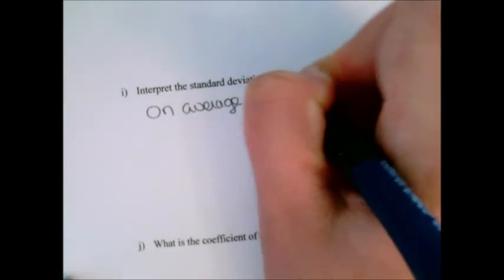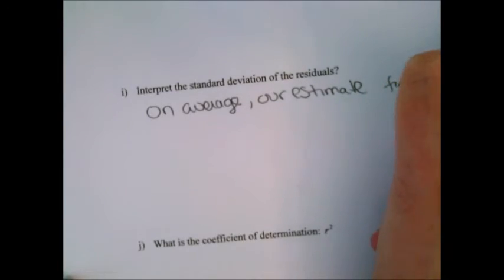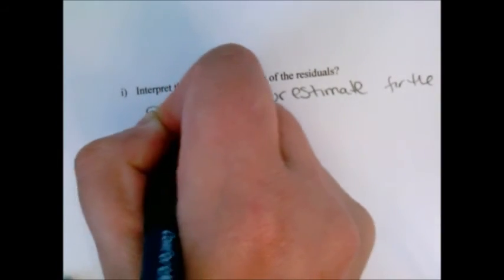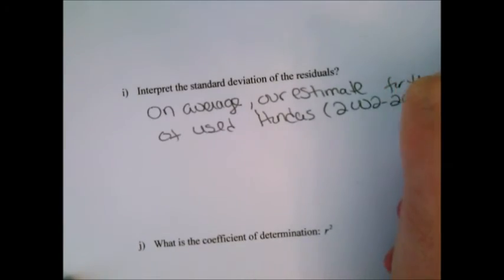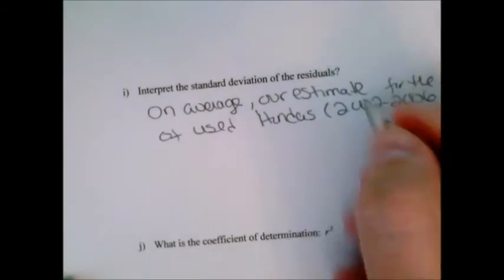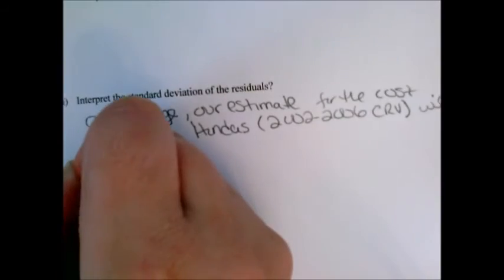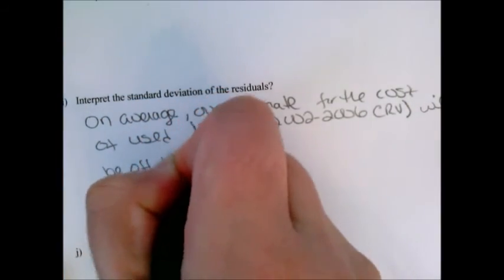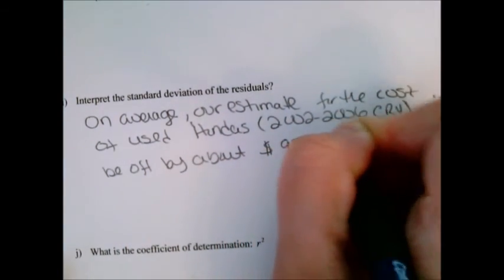So on average, our estimate for the cost of used Hondas, 2002, 2006 CRV, because remember, context, will be off by about, and I'm just going to round this, $972.